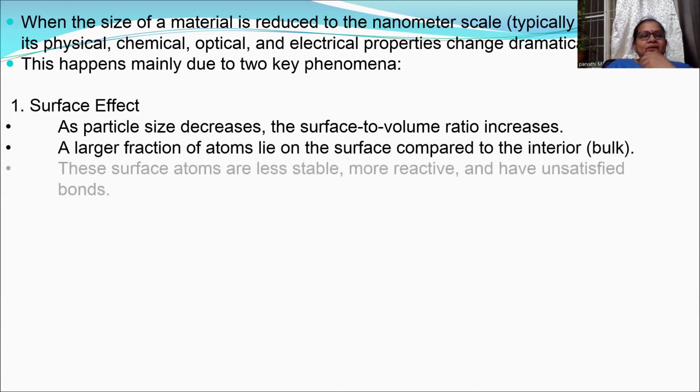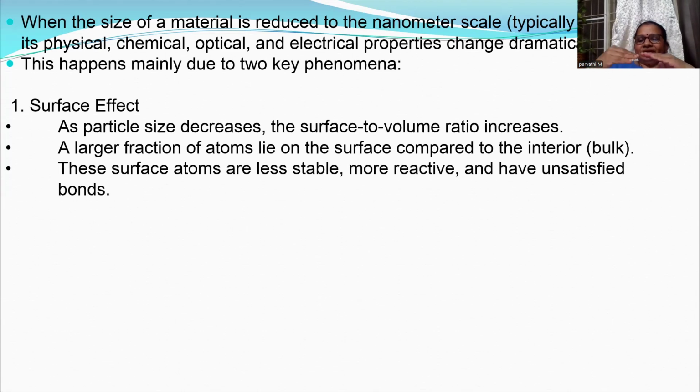And these surface atoms are less stable. When you consider bulk material, within the bulk we can observe the atoms inside. But when the material is tiny, the atoms are available on the surface itself, not inside the bulk.